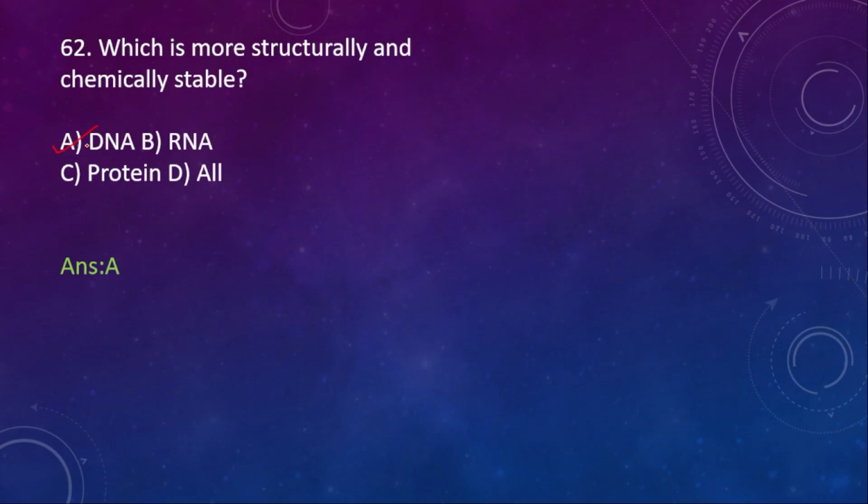So the right option is A. DNA is chemically stable, structurally stable, and in base composition DNA uses thymine instead of uracil, whereas uracil is found in RNA, and it has genetic storage also. Because of the high stability only, genetic storage is very safe in the DNA.